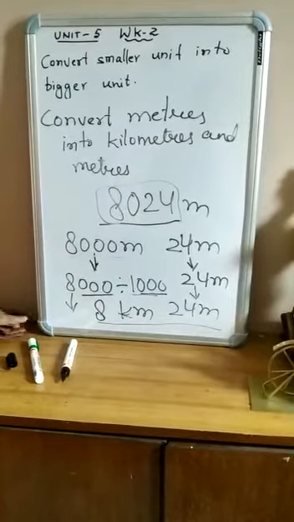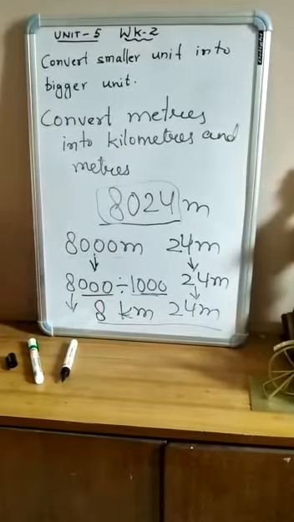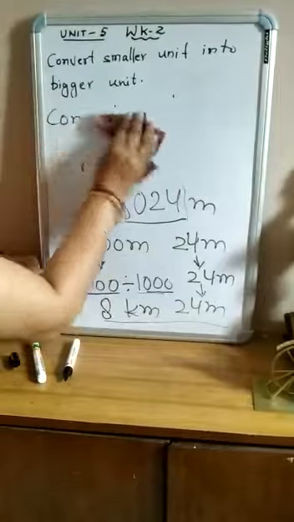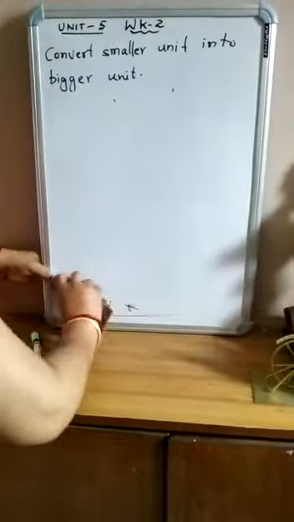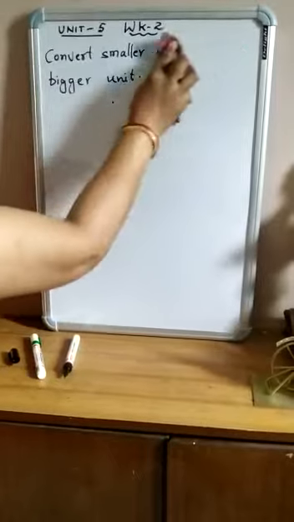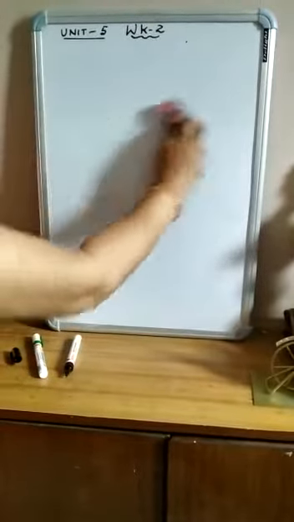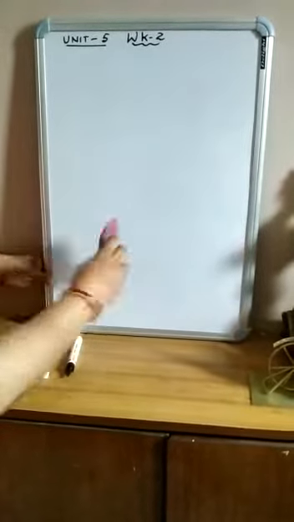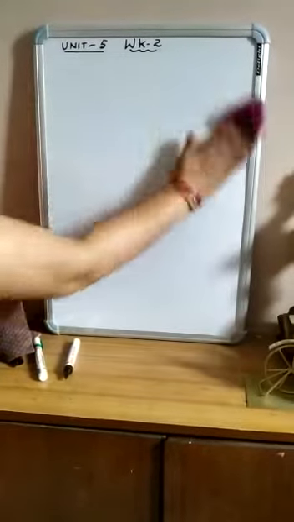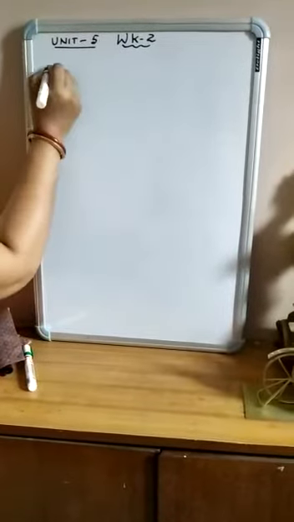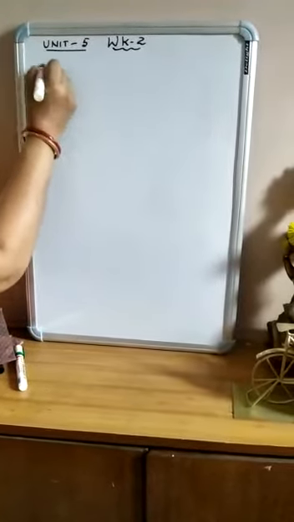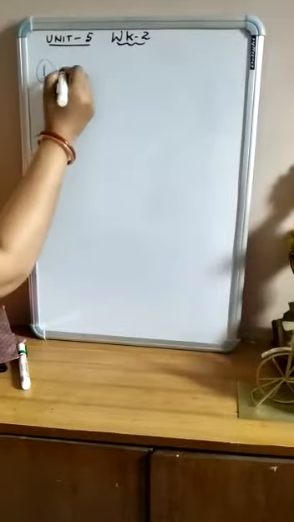Okay. Now, let us come to the point. Worksheet number 2, question number 1. Children, please look carefully and attentively. So, this is unit number 5 and worksheet number 2. Come to question number 1. What is the question number 1?